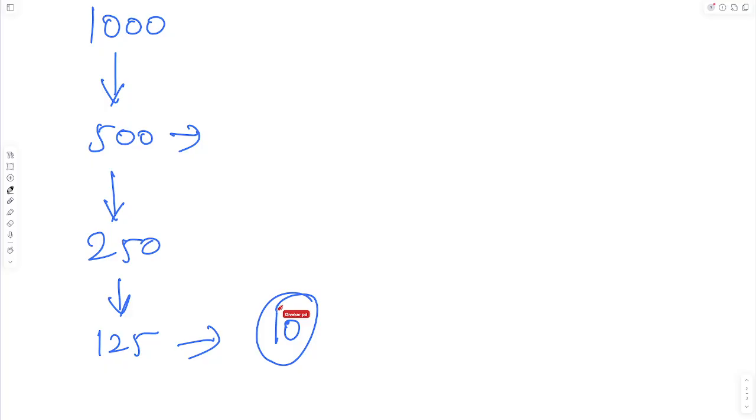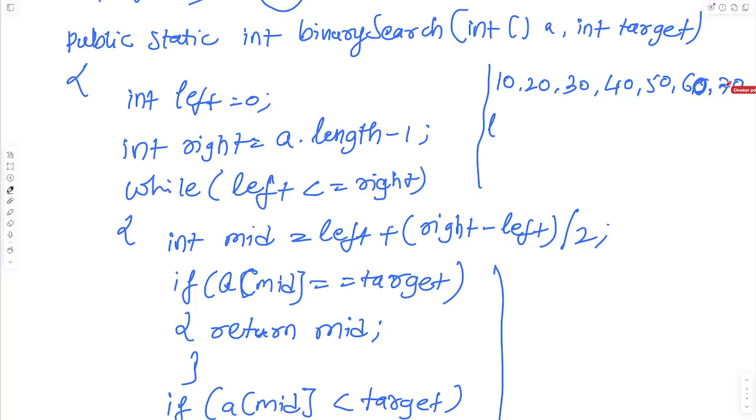Okay, so this is the code for binary search. Let's have a dry run for this algorithm. Let's say left is at 10, right is at 70.